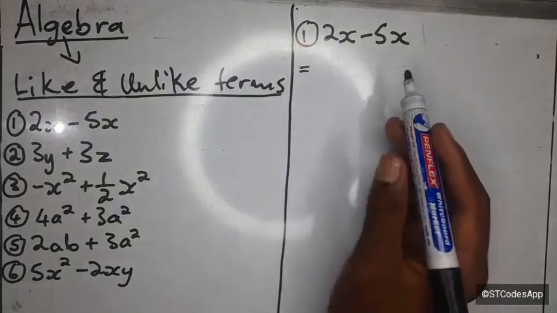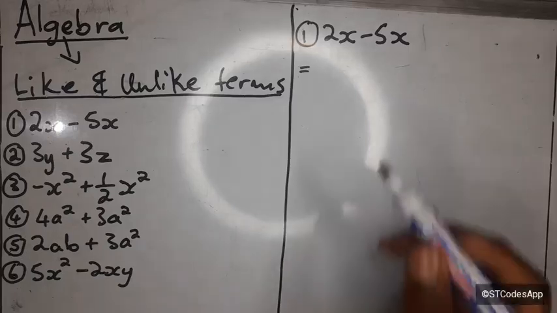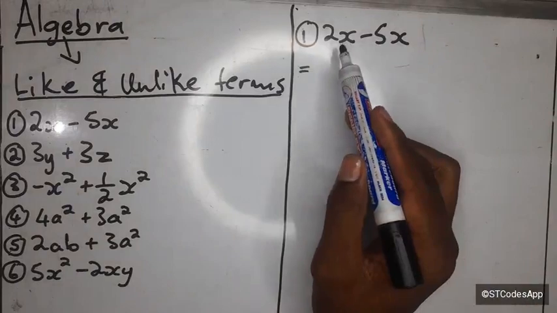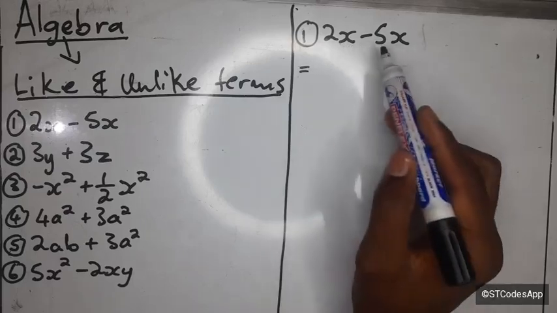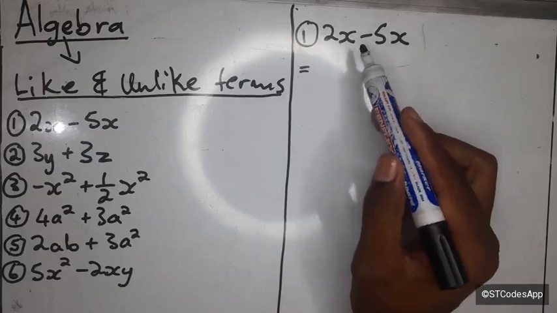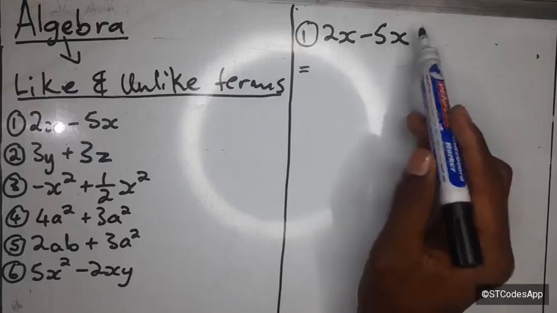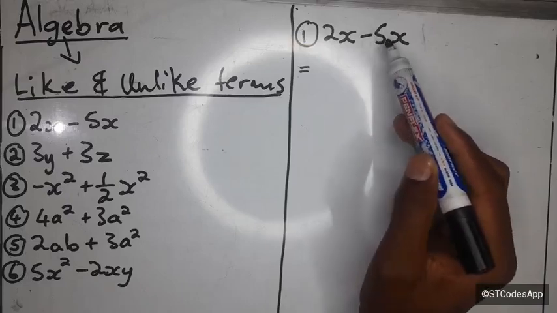Well, let's see. Like terms have to end in the same way. This started off as 2 and ends with an x. Then this started off as minus 5 and ends with an x. So these two terms end with an x, and I'm calling them terms because in between there's a plus or a minus.